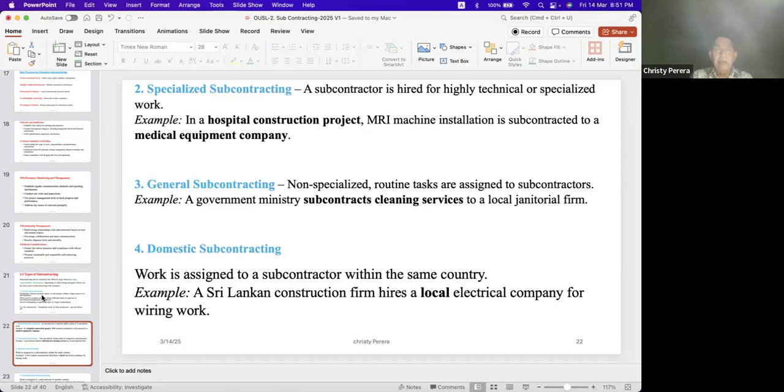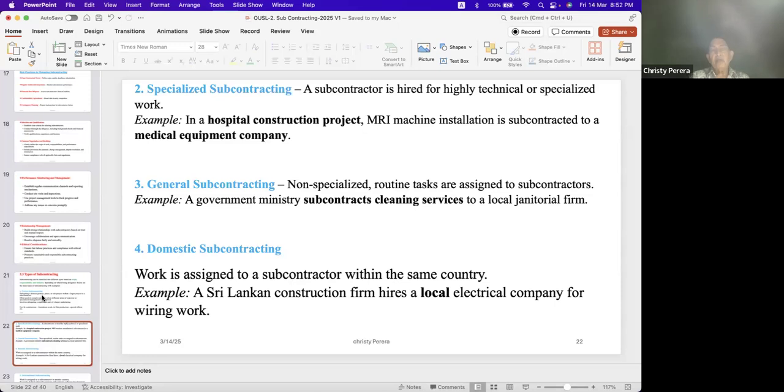General subcontracting, you can just understand that is a normal one, non-specialized, not a specialized area. Routine tasks are assigned to subcontractors. For example, a government ministry. Now take that hospital.